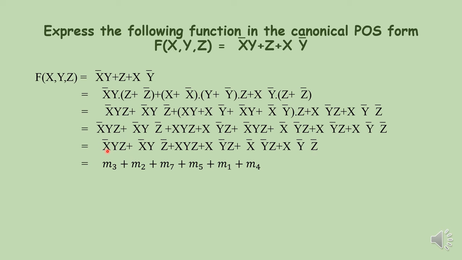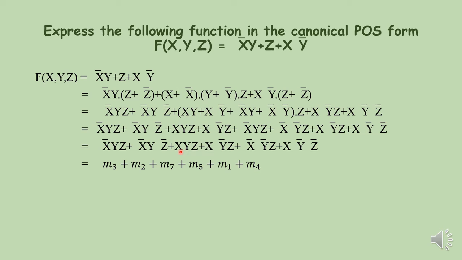In SOP form, 0 is represented by the complemented variable and 1 by the single variable. So this is the form 0 1 1, that is 3, so we write M3. Plus 0 1 0, that is 2, so we write M2.